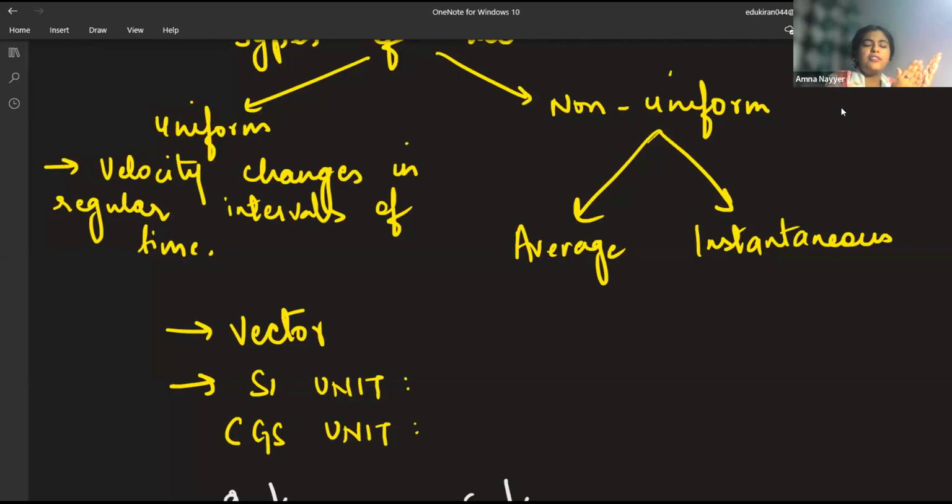Average means you have a duration: you take the change in velocity divided by the change in time. Instantaneous, you differentiate velocity, you get acceleration. It's a vector quantity. SI unit is meter per second square. CGS unit is centimeter per second square.